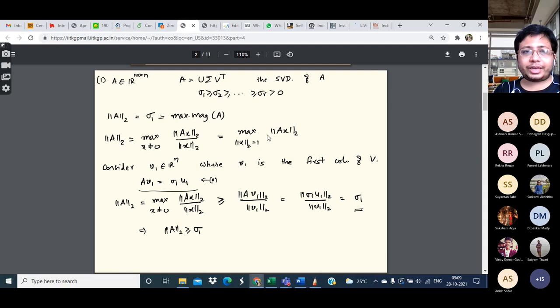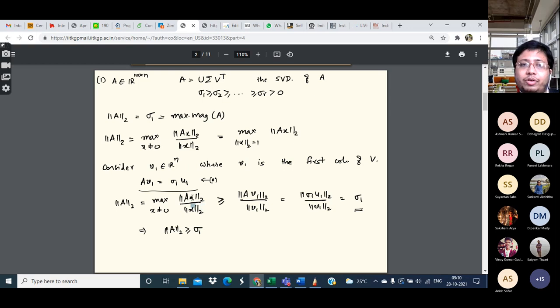So now when we are talking about the L2 norm, as already discussed, this is equal to the maximum value of this norm divided by this norm. Since this is the maximum possible value, we can take any arbitrary n-dimensional vector, let us say V1, the first right singular vector of A. Instead of x, I can compute this for all possible values of x.